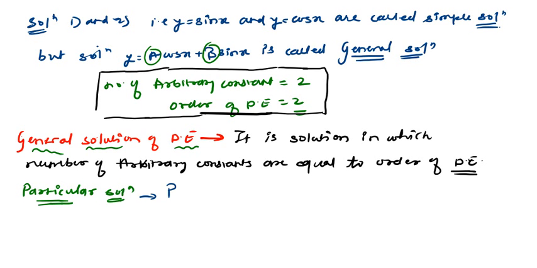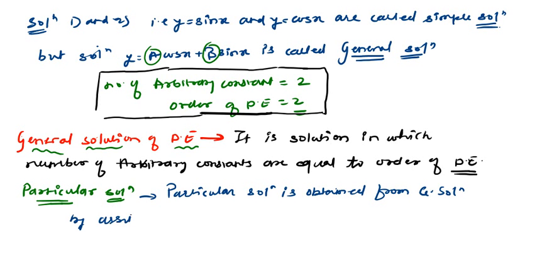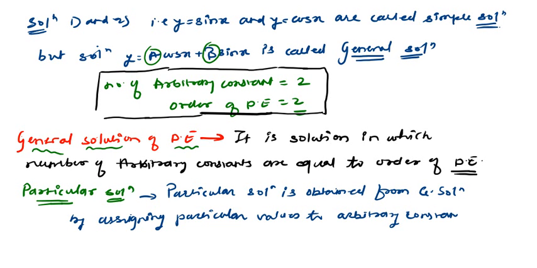So we'll write it here: a particular solution is obtained from the general solution by assigning particular values to arbitrary constants. That's when it will be the particular solution.